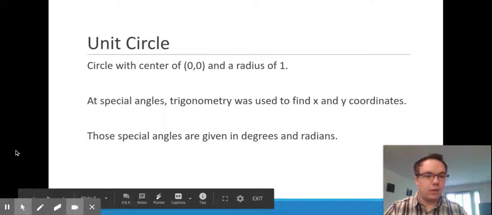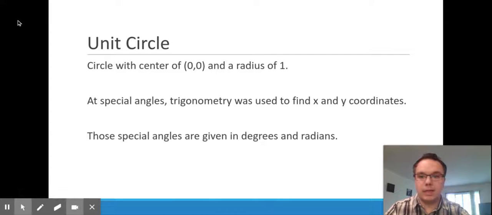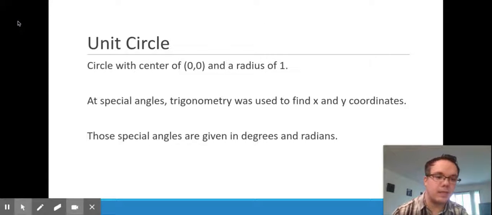So the unit circle, if we weren't in quarantine, we would actually make this, and we would find all of these degrees, and all the radians, and all our points using trig. But because we're in quarantine and it's a weird school year, we're just going to use the unit circle and find some information off of it. A unit circle is the circle that has a center of (0, 0) and a radius of 1.